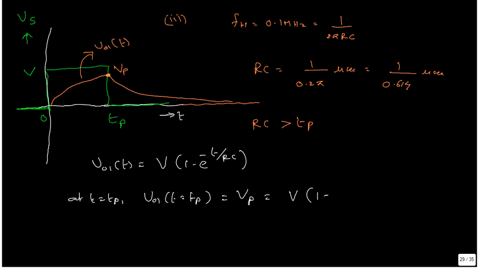So V into 1 minus e power minus Tp by RC. You can write V into 1 minus e power, where Tp is 1 microsecond and RC is 0.2 pi. Substitute these values and you will get the value. That value you must indicate on the waveform as Vp.